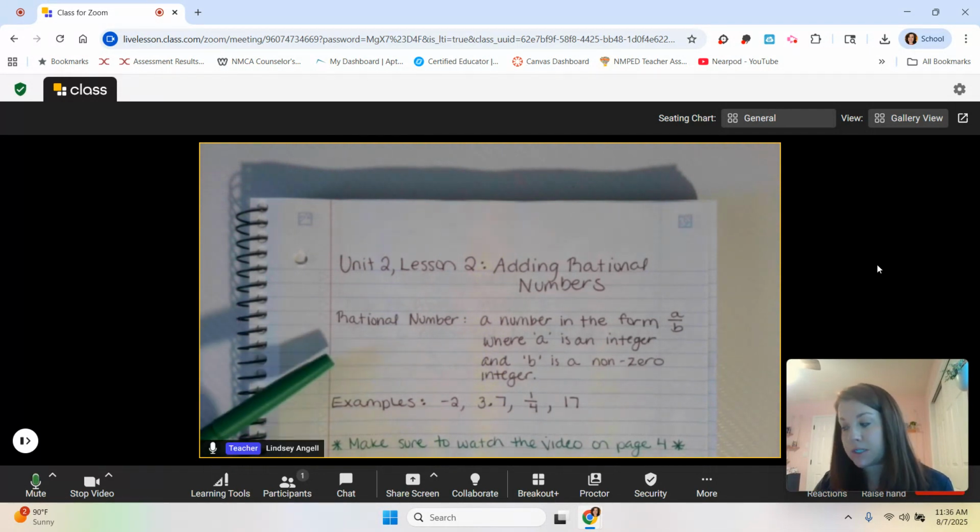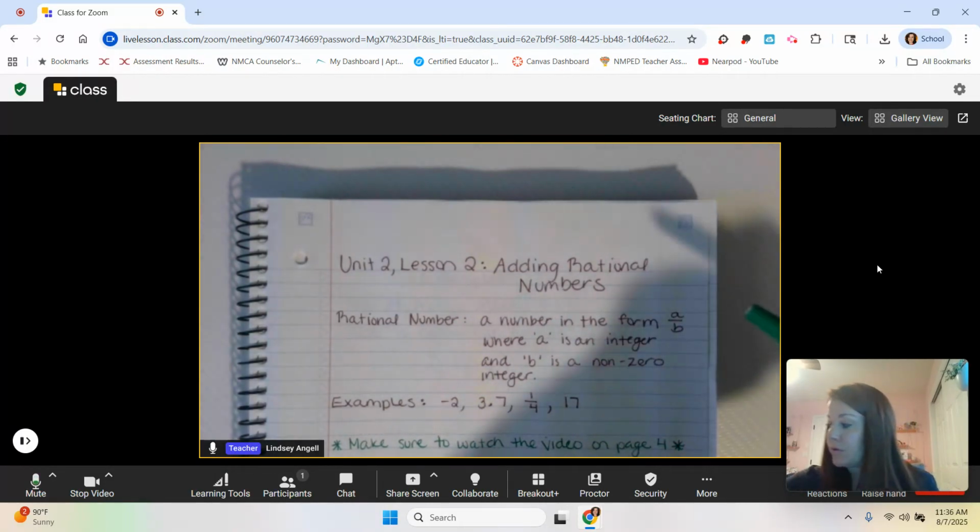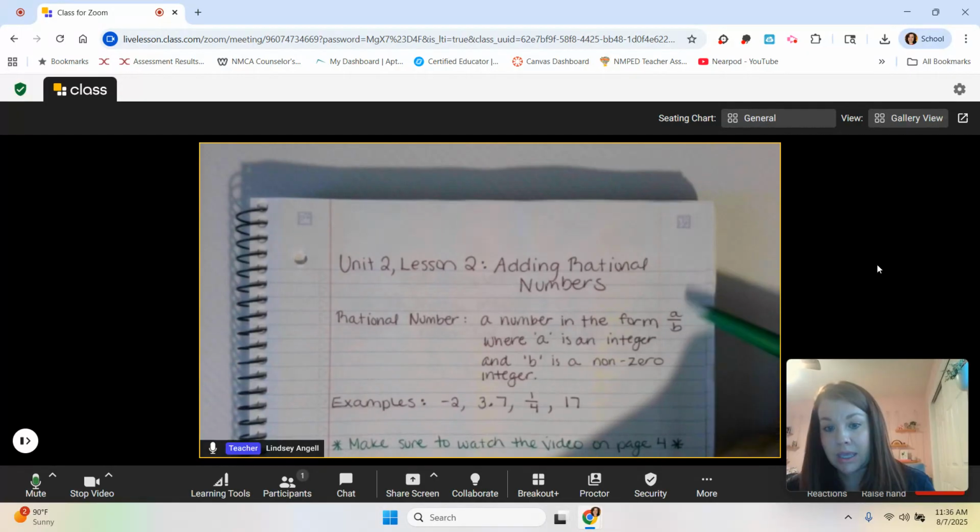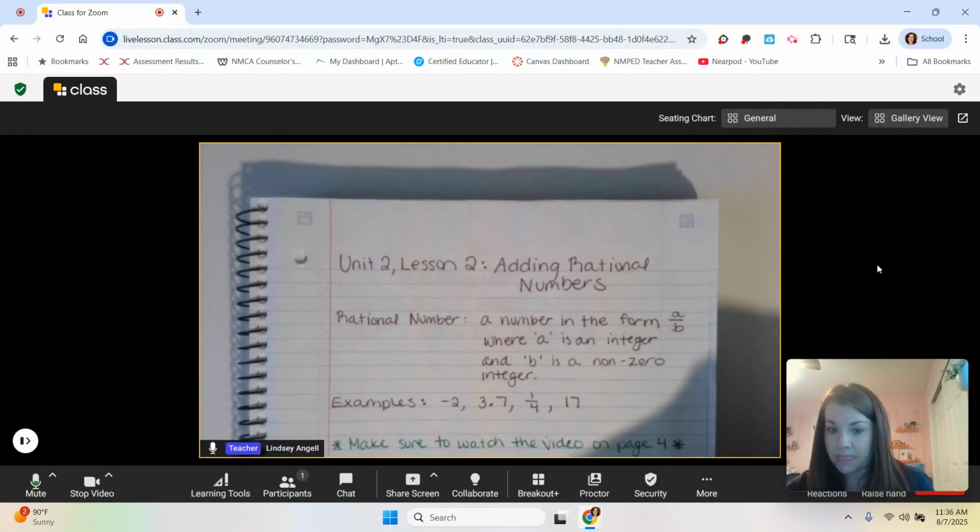So just as a reminder, rational numbers. A rational number is a number in the form a/b, right? Or it can be written as a fraction, where a, or our numerator, is an integer, and b is a non-zero integer.